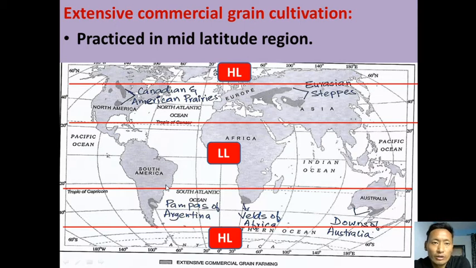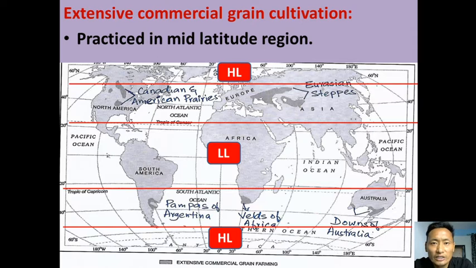Next type of agriculture is extensive commercial grain cultivation. The first thing we need to know is extensive. What is meant by extensive? Extensive here means large. Large in the sense that the size of the farming land is very large. Because of that, extensive.